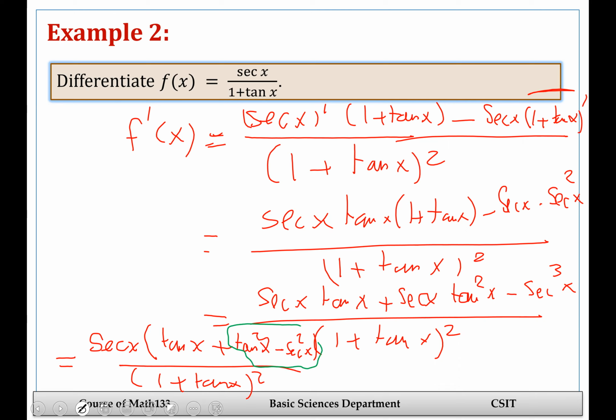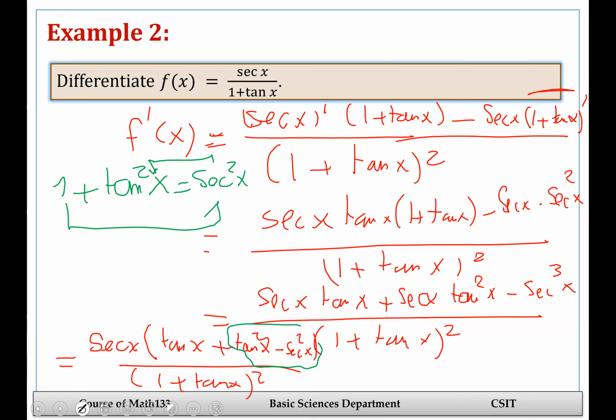What I suggest in general is to write the identity as you know in the lecture, then make the transformation of this identity. So we know that 1 plus tan squared x equal to secant squared x. So when I put secant squared on this side, I have to put the one on this side.